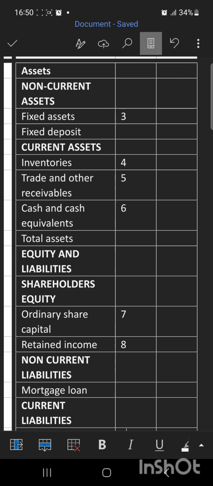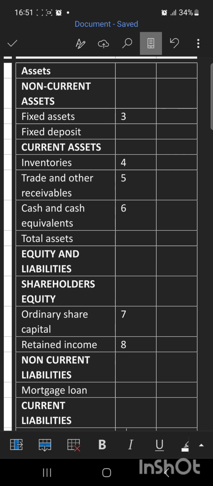So now we come to inventories. With inventories, this is the closing balance of your inventory. It's a closing balance of your trading stock, your stationery, your packing material, your consumables, etc. All you need to do, if you come across an adjustment which says that after a physical stock count, the following was revealed: the closing balance for trading stock was X amount, and the closing balance for stationery was X amount.